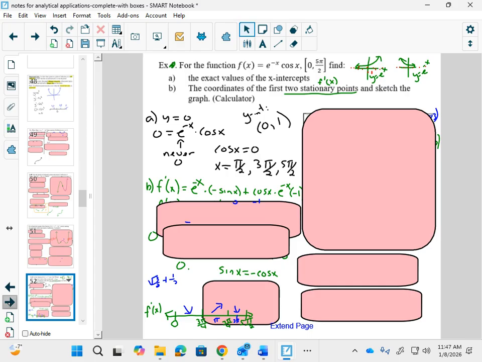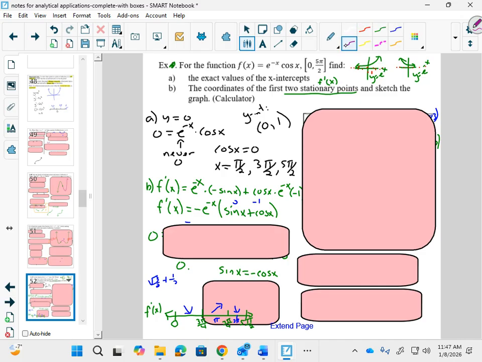We set this equal to 0 and solve. And in solving, you're going to need to factor out the common factor of e to the negative x. In fact, I factored out an extra negative as well. Why is that important?